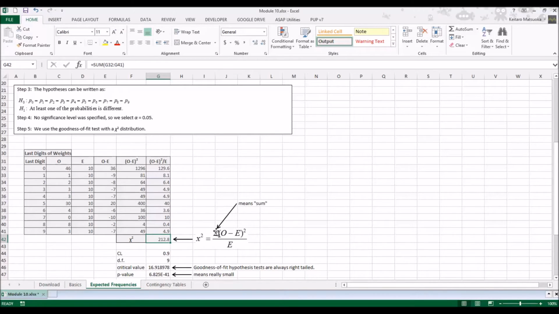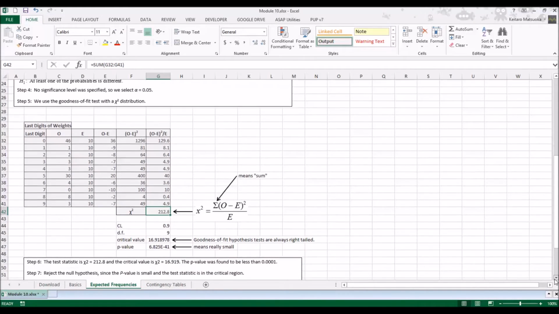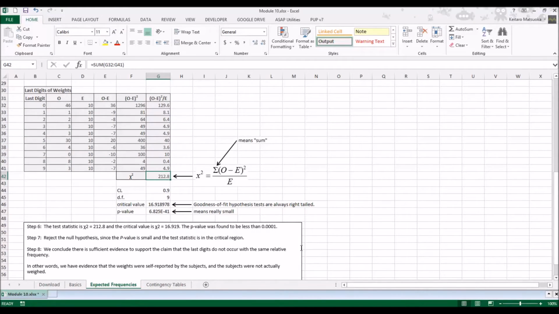This sigma-looking sign means sum, so we're adding it all up. To do so, we use the SUM function, summing all these numbers here. The test statistic in this case is 212.8. Confidence level will be 0.95. Degrees of freedom will be 9 because it's 10 minus 1.